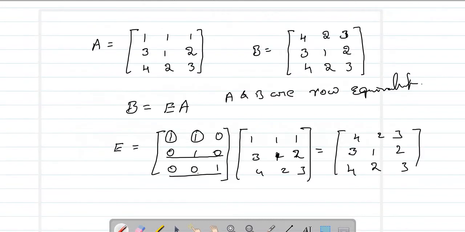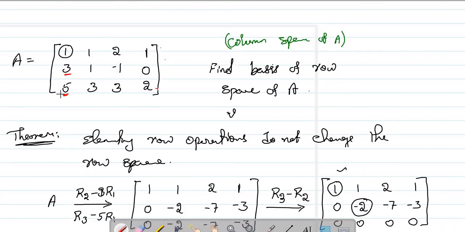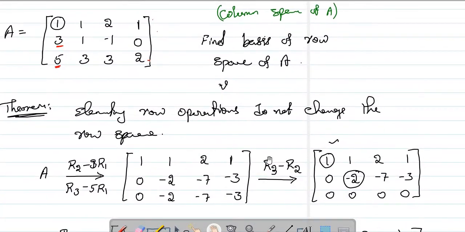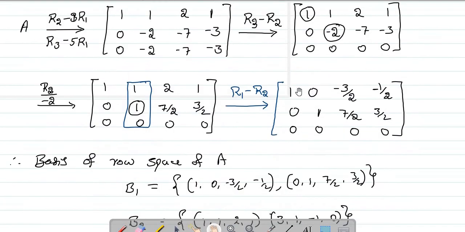So with the help of this statement, I can tell you what the basis of the column space of A is for the first problem. For example, here is A, and I know its reduced echelon form. This is the reduced echelon form. And we know one more piece of information: the reduced echelon form and A are both row equivalent.